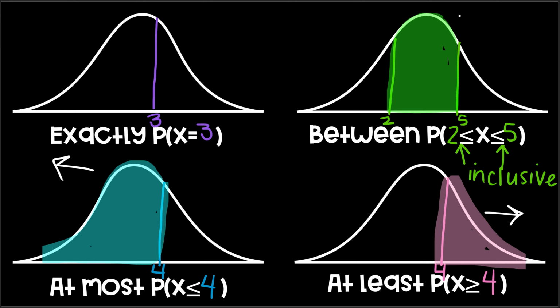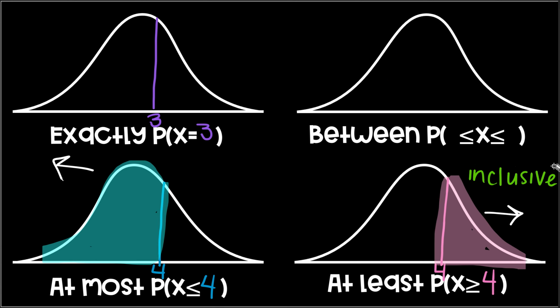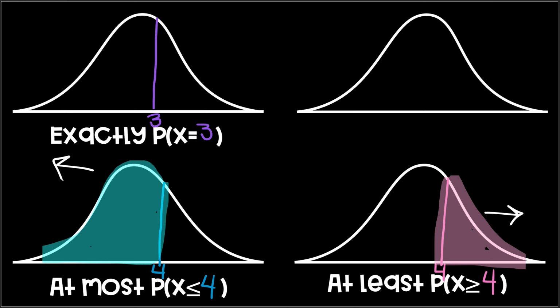Now, some examples might ask you for the outer area. That will be a different notation. In case you get an example that gives you an outer area, let me duplicate the slide. Your notation will be different. Let me delete this portion right here because we don't need it. Let's suppose you're being told the probability that x is smaller than or equal to 1, or x is greater than or equal to 4.